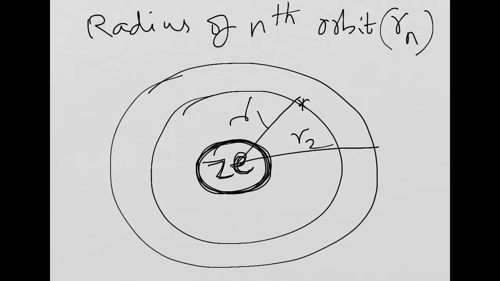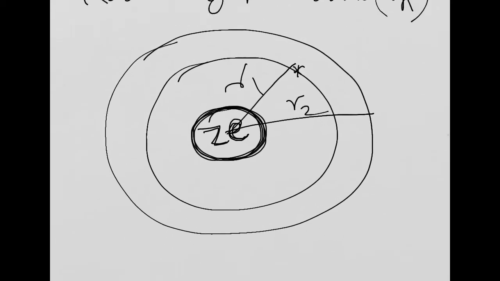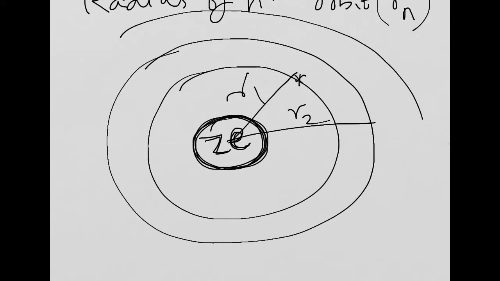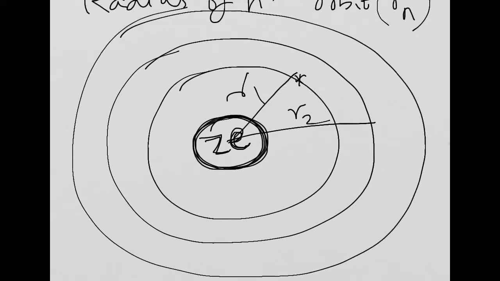In the same way, if we talk about an electron revolving in the nth orbit, I can call this distance r suffix n. So this becomes the radius of nth orbit. First of all, you have to understand that this is what we have to find out, the radius of nth orbit. Now, getting to the question.